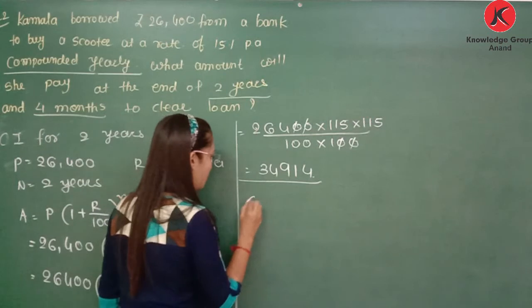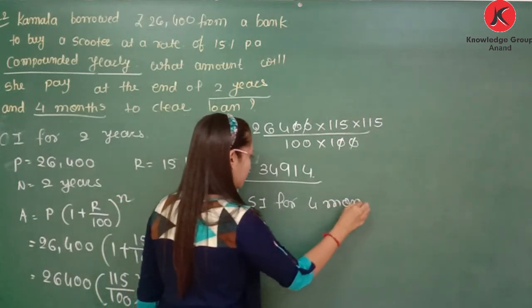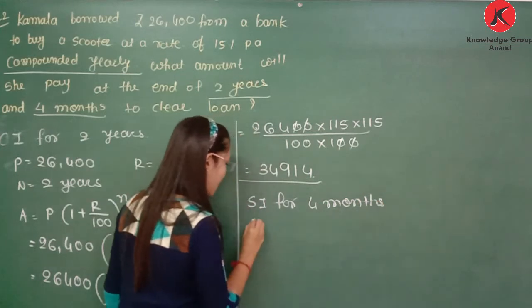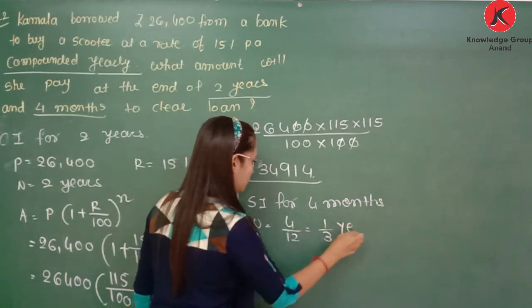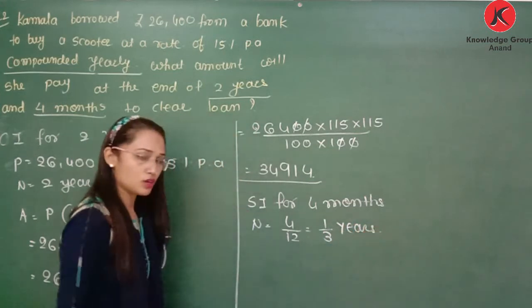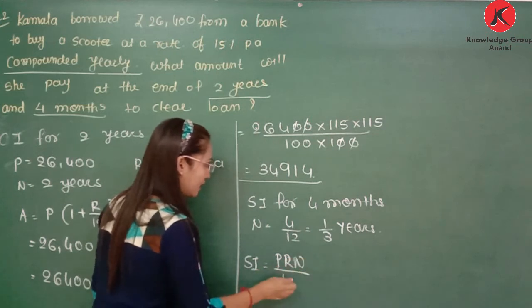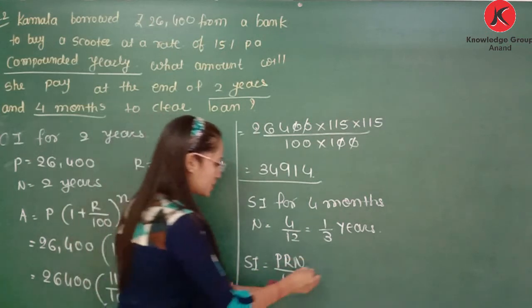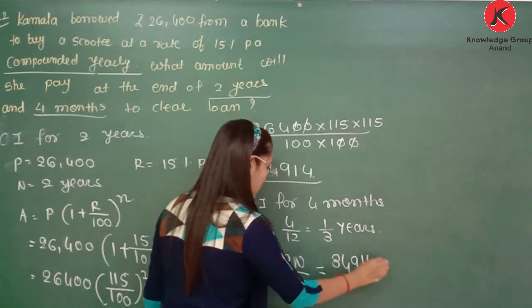So now our simple interest for 4 months. So n will be 4 by 12, that is 1 by 3 years. So simple interest is PRN divided by 100. Now our principal value is what? It is 34,940.